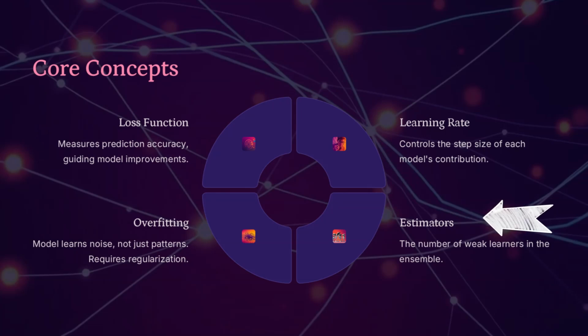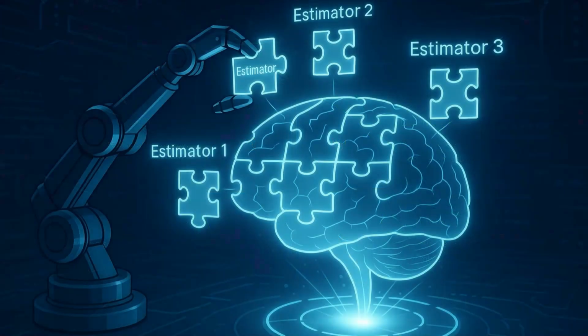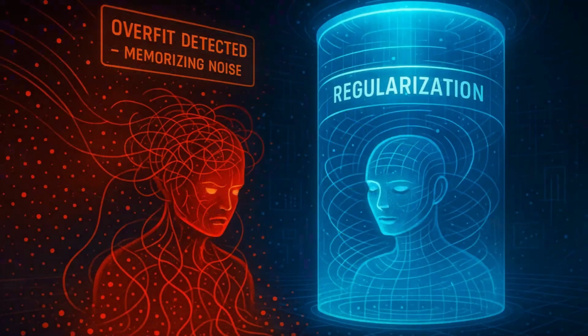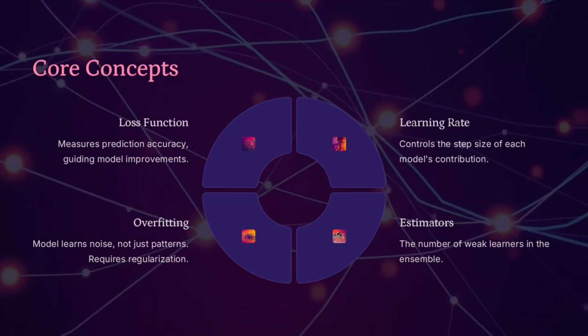Then we have the estimators. These are the individual weak models that get added one after another. And finally, overfitting, when a model starts memorizing the noise instead of learning the pattern. We manage this using regularization techniques. Mastering these concepts is crucial to building strong, reliable boosting models.